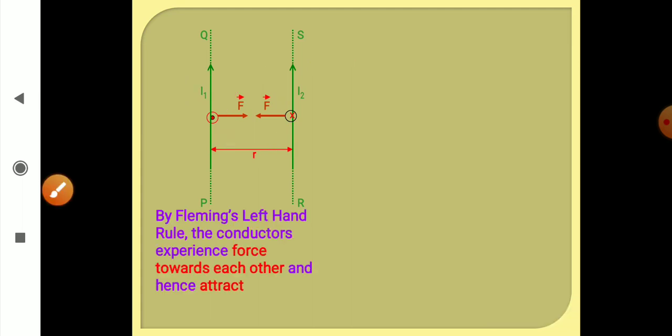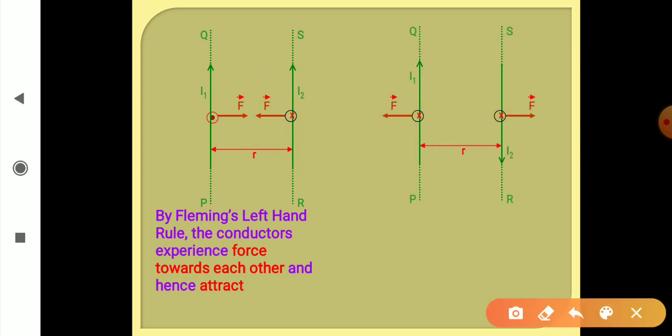And what if the currents are in opposite direction? If the currents are in opposite direction, they will repel. Like, see, this I1 will produce magnetic field directed inwards all the time. Okay.